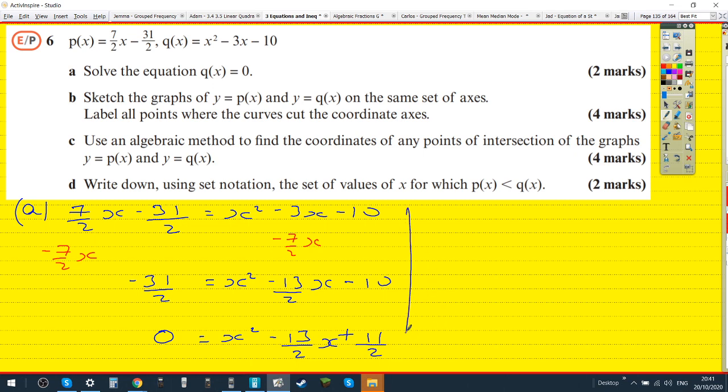And then you'd put that into the calculator. So it'd be 1, minus 13 over 2.